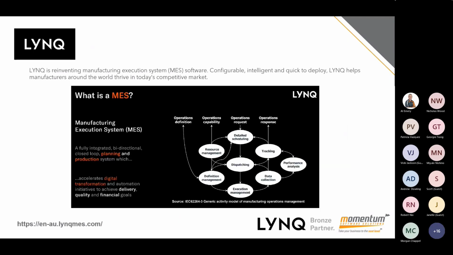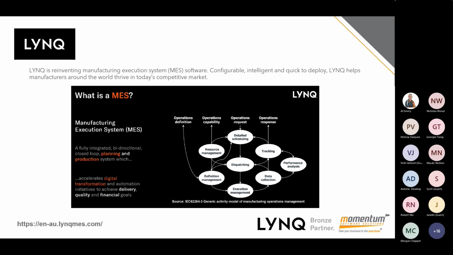Next one is LYNQ. LYNQ is an MES software, which is a manufacturing execution system. Again, very powerful if you're running the manufacturing side of MYOB Advanced, Manufacturing Edition with MRP. This MES system allows you to monitor, analyze and improve your production facilities.